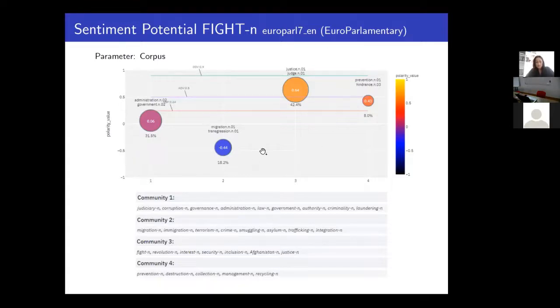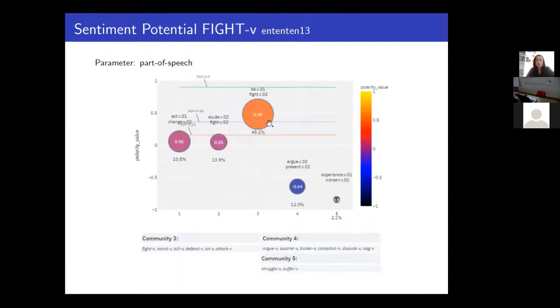see that the word obtains negative meaning when connected to immigration, terrorism, asylum, integration, but also a quite positive meaning when connected to revolution, security, and justice. So you see that in the European Parliament, the specific use of the word which transpires from the corpus is more polarized, I guess.